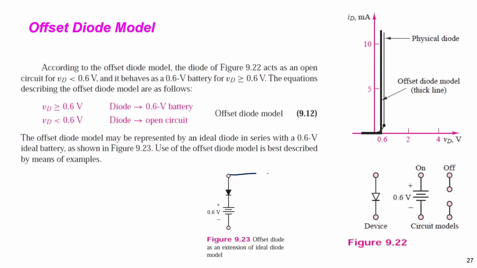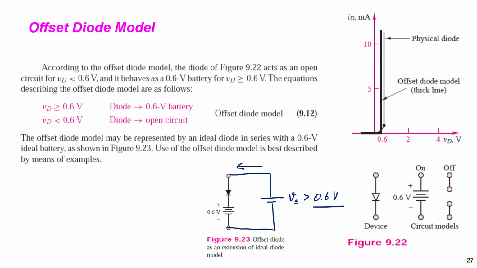So for the diode to conduct current, the voltage across it must be more than 0.6 volt. In forward bias, it must be at least more than 0.6 volt. Just substitute the diode by a diode with a voltage source.